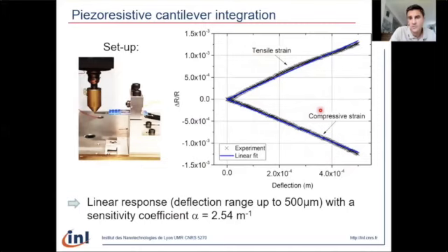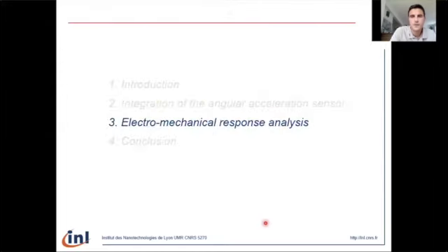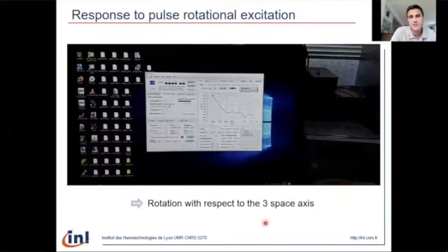As you can see from this graph, we could get a roughly linear response over the full range with a sensitivity coefficient of around 2.5 per meter. Concerning the electromechanical response of the complete system, we have first tested it to pulse rotational excitation. Here I have prepared a short video that presents a simple experiment performed by hand.